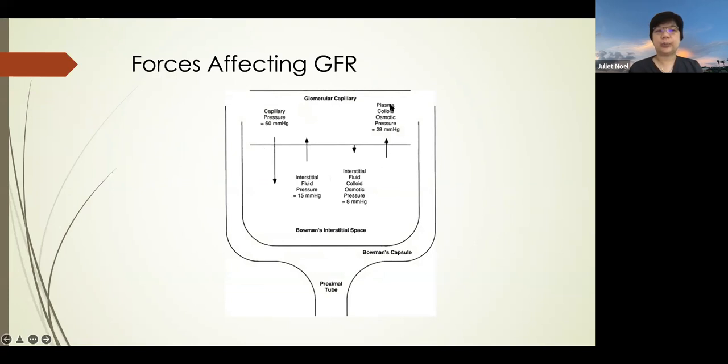Then that would oppose with plasma or colloid oncotic pressure. So people who have hemoconcentration will also increase the forces that will decrease GFR. Interstitial fluid pressure is another one that would oppose. Interstitial fluid colloid pressure a little bit will contribute to filtration.